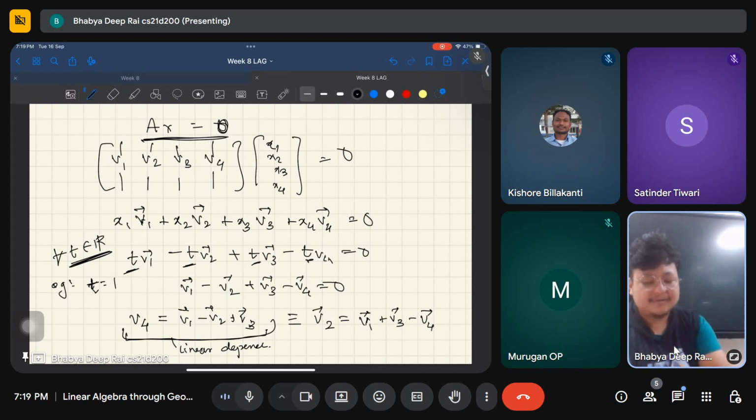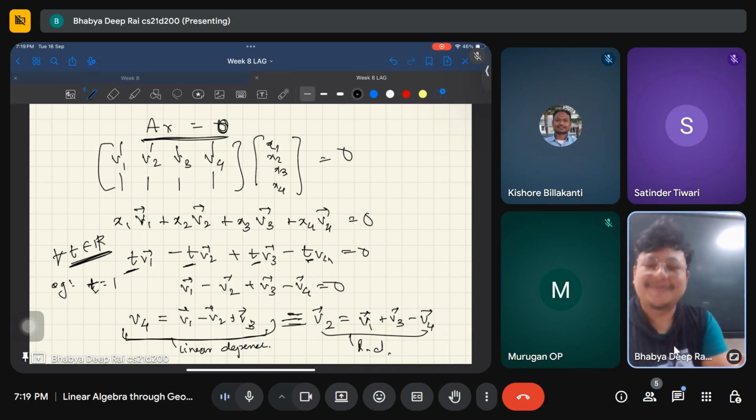We could have said this also, the same. But this also represents a kind of linear dependence. Right. Now, I want to ask you, so this represents linear dependence.